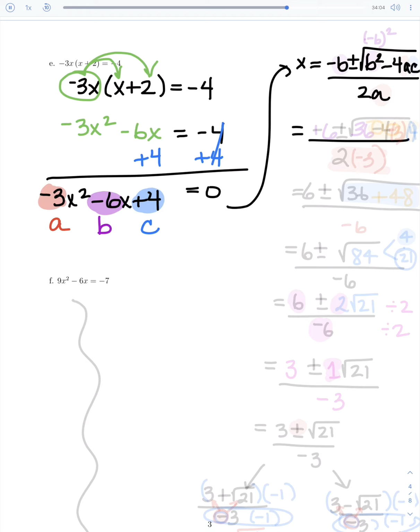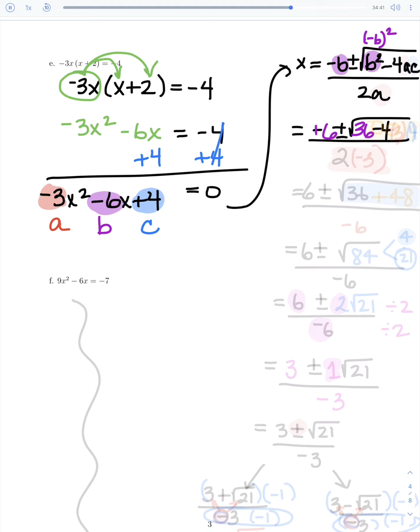First of all, if we plug in our negative b, our b is already negative. So if we plug in a negative b, it's actually going to turn the negative into a positive 6, plus or minus the square root of, well, the next part is doing b squared, which means a negative 6 squared, which is positive 36, minus your 4 times your a is next.